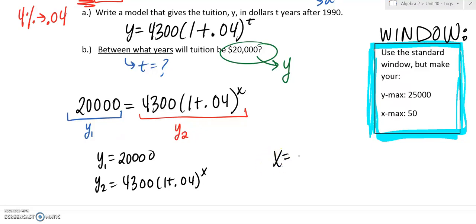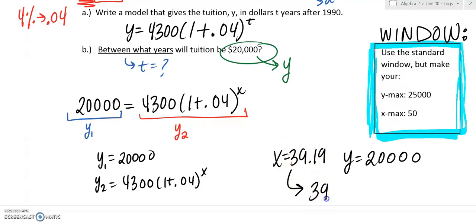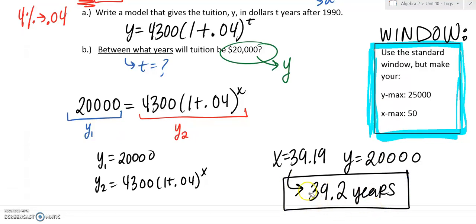It'll say on the bottom, x is equal to 39.19, y is equal to 20,000. What do we want? We want this x right here. That means almost 39.2 years. That's the time it'll take for the tuition to be $20,000.